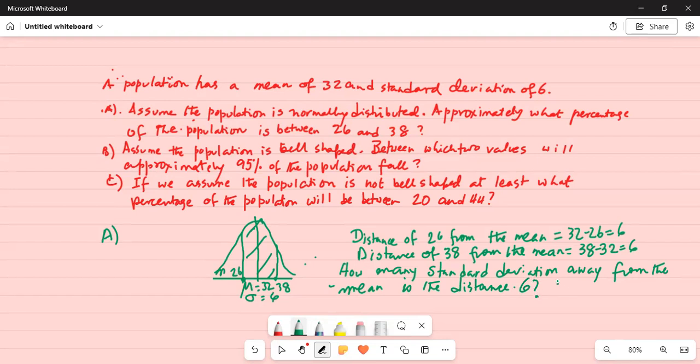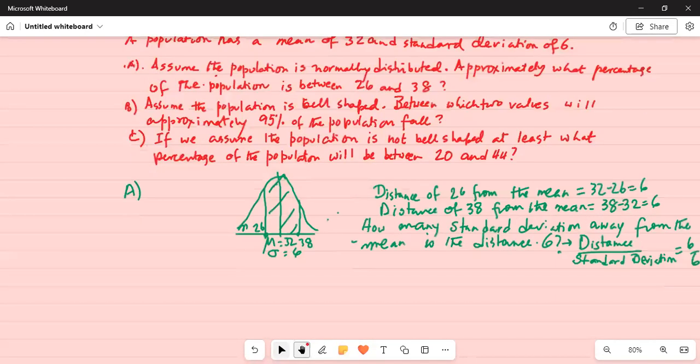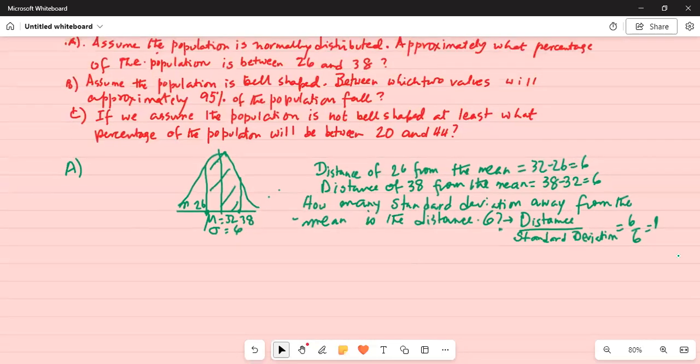So distance divided by standard deviation is 6 over 6, equal to 1. What does this mean?